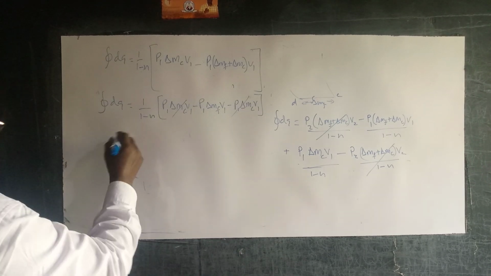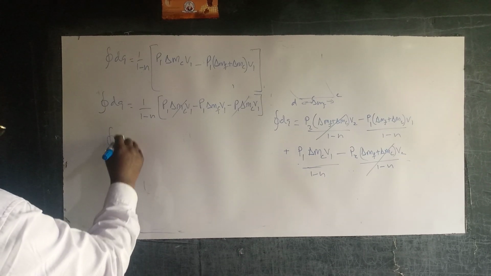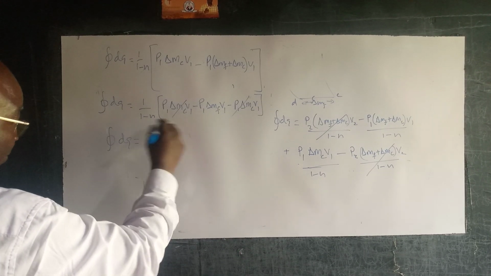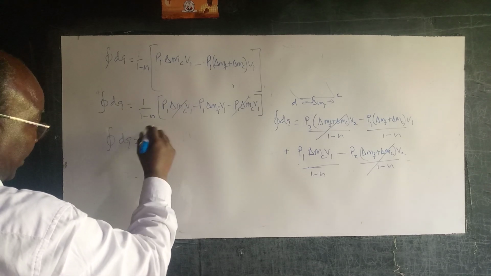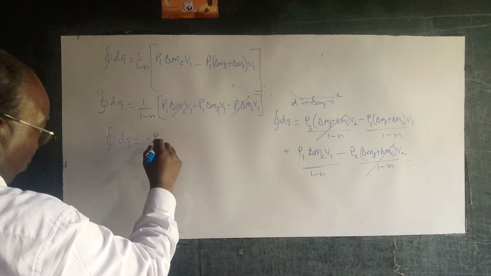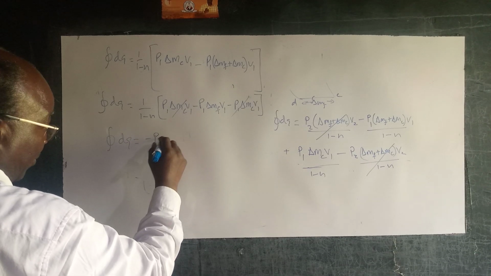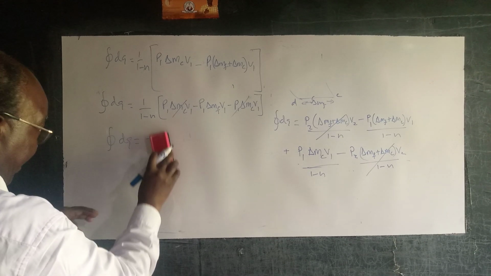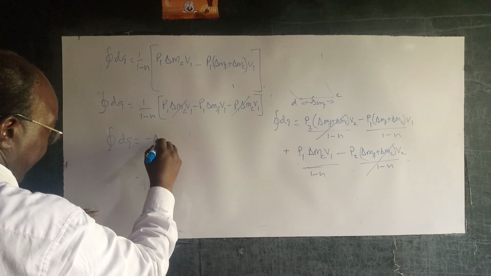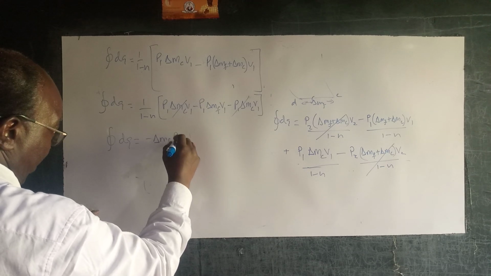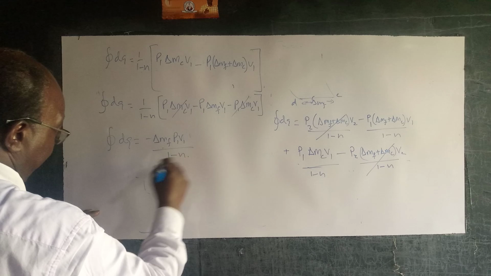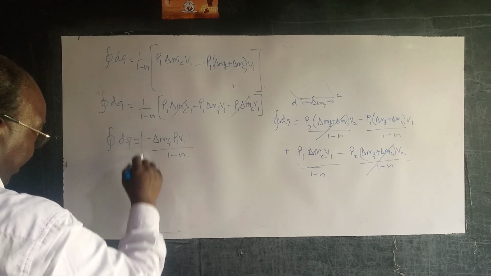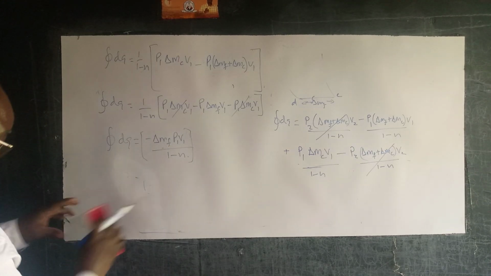So you're basically left with the integral for dq simply given by minus delta MF P1 V1 over 1 minus n for this particular system.